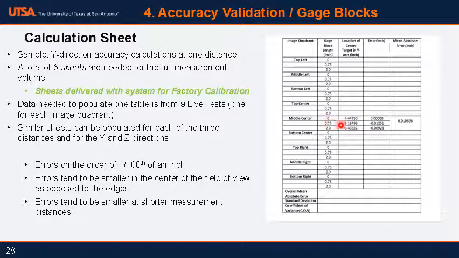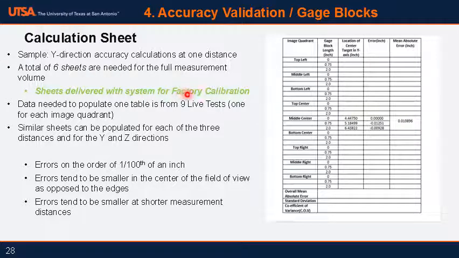When we put this gauge block in, it's at this y coordinate, and when we put this gauge block in, it's at that one. Looking at how much it moved compared to the actual dimension of the gauge block, we get the error. We average the absolute values of these errors for these 2 gauge blocks, and we get that number for that quadrant, that distance, in that direction.